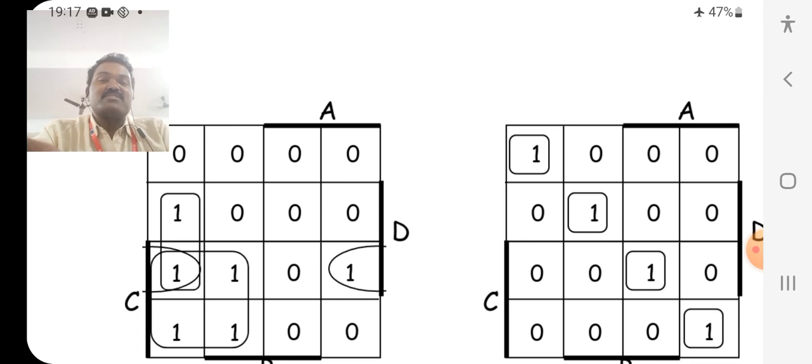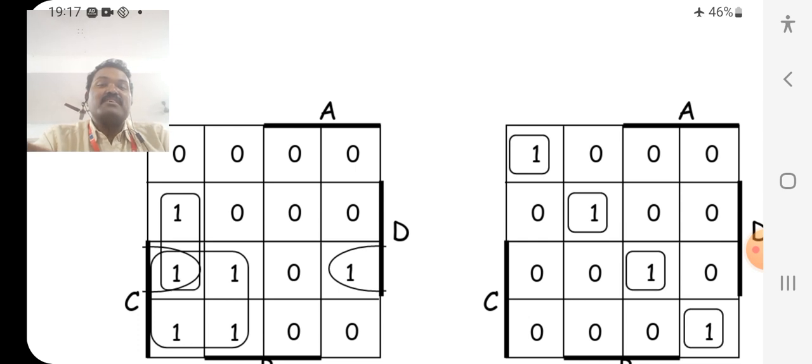So the nearest row and column cells are adjacent cells. That is the first rule in K-map. Then the topmost cell of the first row and the bottommost cell are also adjacent cells. That is the second rule.